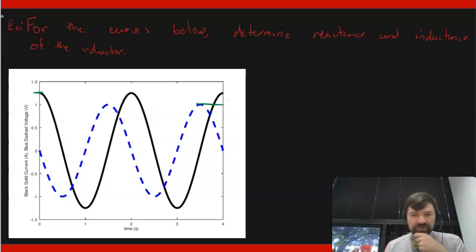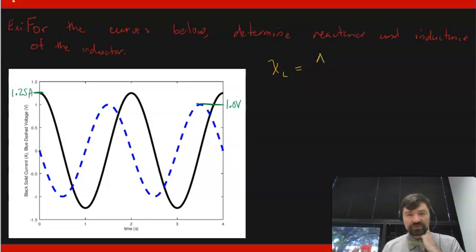This right here corresponds to 1.0 volts. This right here looks like maybe 1.25 amps. So if I'm trying to find the reactance chi L, that should be delta VL max divided by I naught.